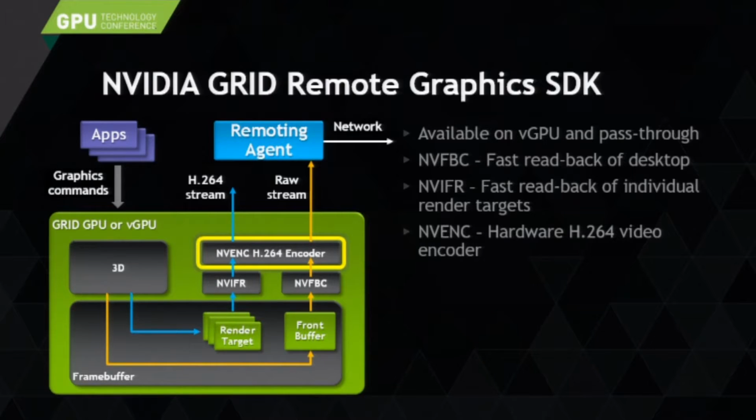By using the Grid Remote Graphics SDK and taking advantage of the dedicated hardware in the Grid GPU, remote graphics implementations can deliver lower latency, by reducing the amount of time it takes to deliver graphic frames to a remote user.